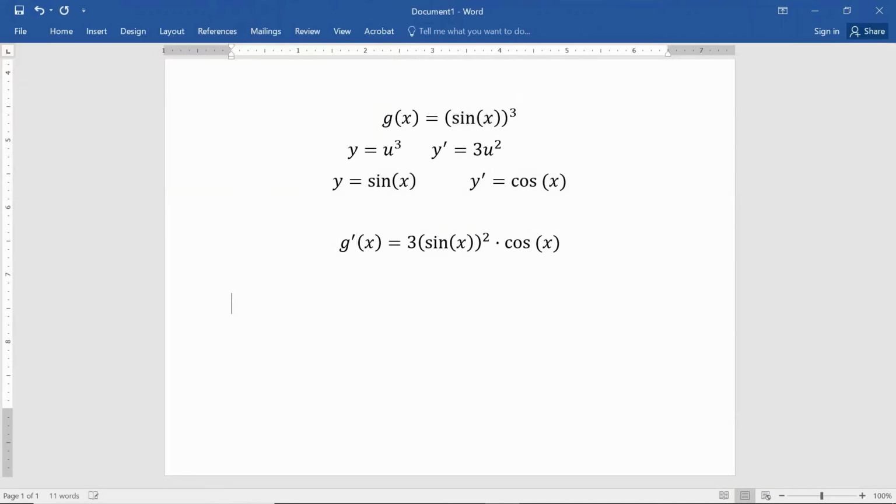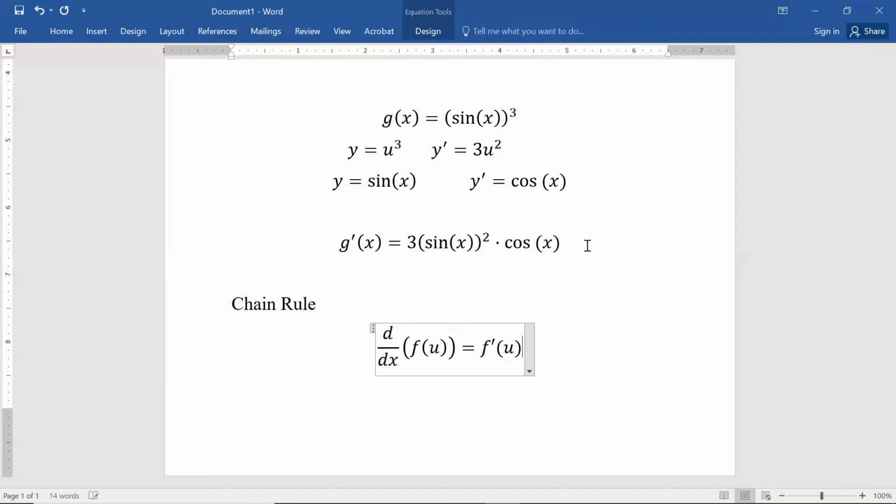So some people will write the chain rule using u's. And the way they write it is derivative with respect to x of f of u is equal to f prime of u times u prime.